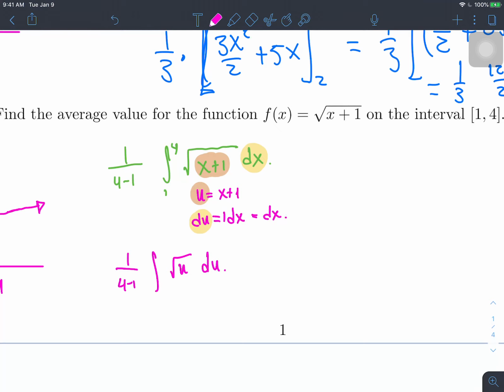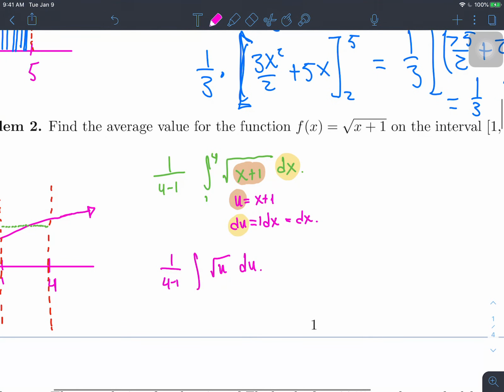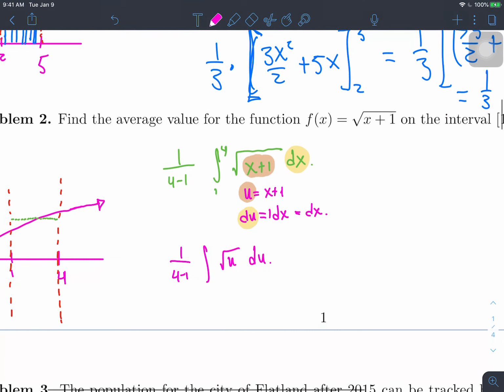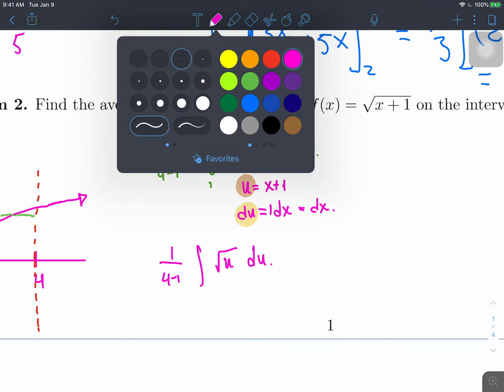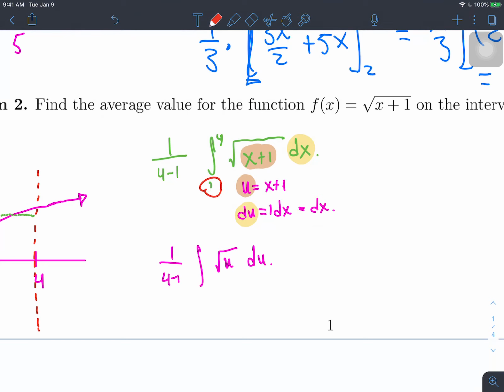Now I can use one of two methods for my bounds. I'm going to use method 1, I think, where we switch the bounds, okay? So I'm going to take 1 here. I know that's an x value.